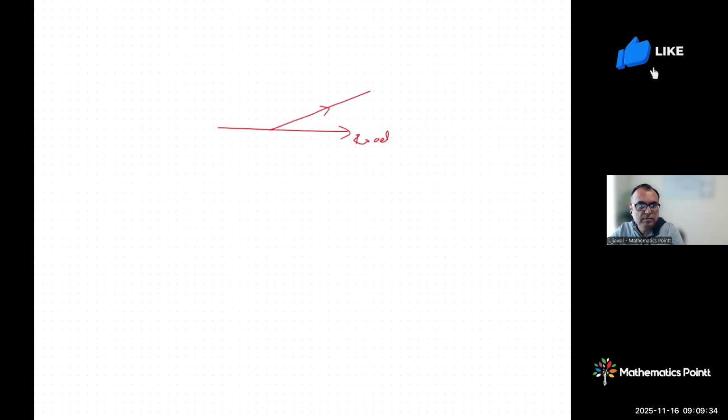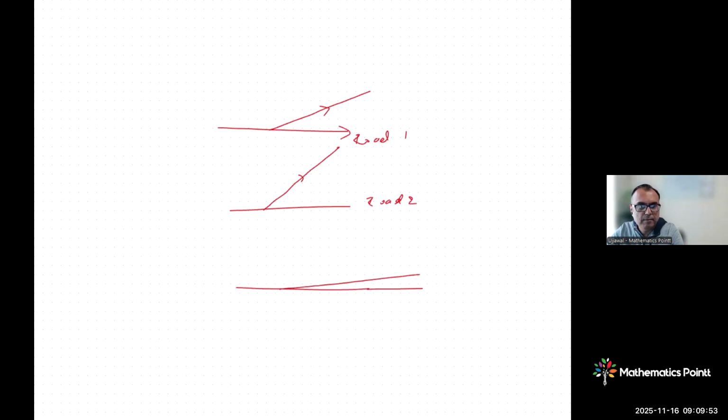Another road, let's say road 1, road 2, and road 3. If you look at the 3 roads, this is a hill.